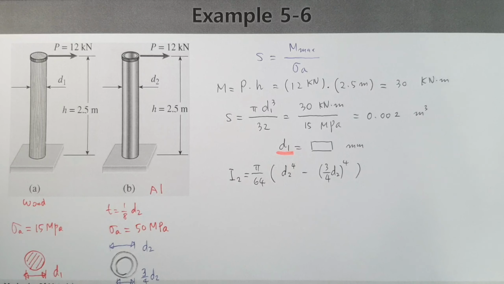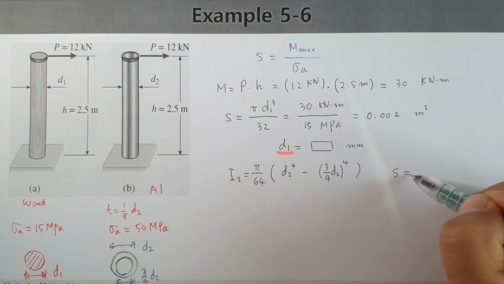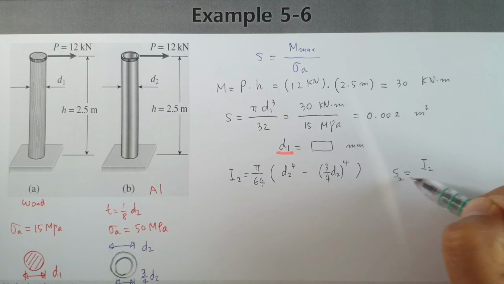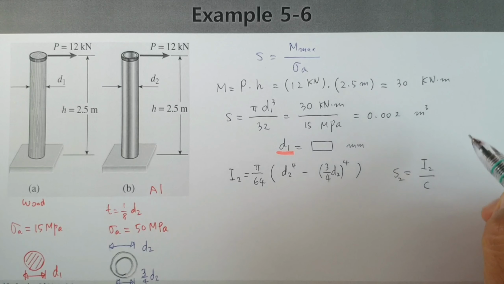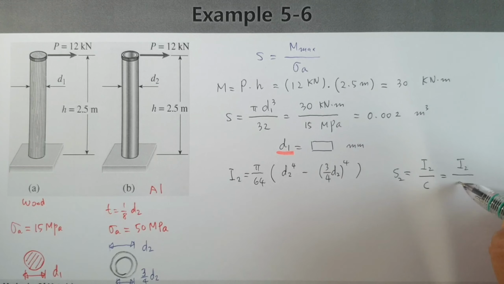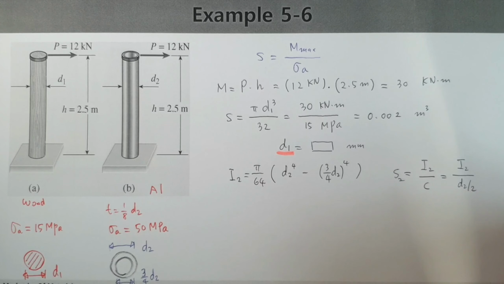The moment of inertia was calculated like this one. And the section modulus is of course I2 over C, where C equals D2 over 2. Then we can calculate the S2 value.